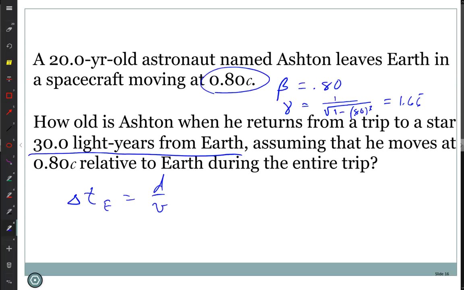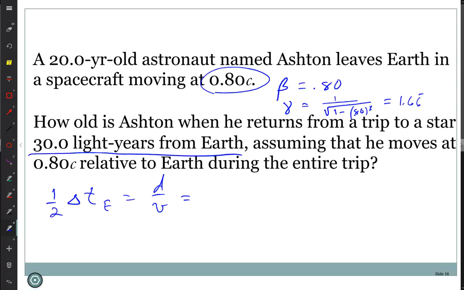I'm going to break this into halves. The time to go from Earth out to that object is the first half, so 1/2 of time on Earth is the time it takes to go out the distance d.